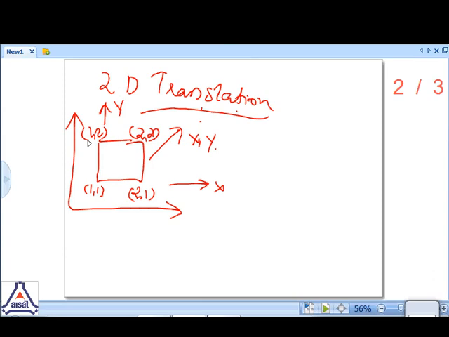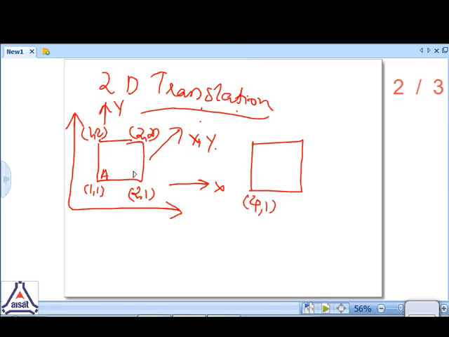When I am shifting this square in x direction, the important thing is that only the x coordinates will change. Suppose I am shifting this square in x direction by 3 units. So the square will be like this, shifted 3 units. That means the coordinates change from 1 to 4 for the point A, so this will be 4, 1.